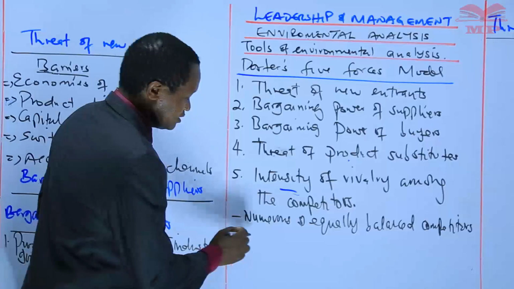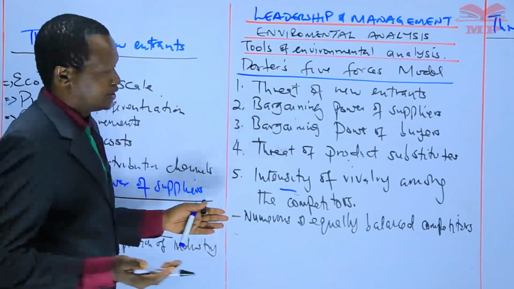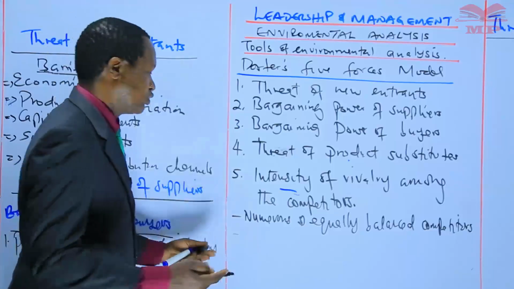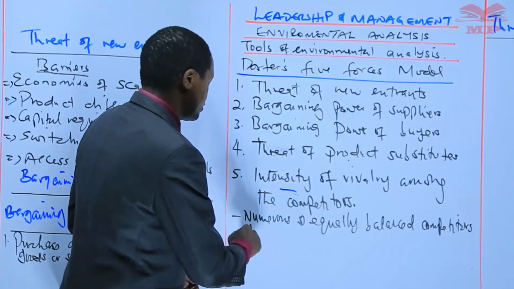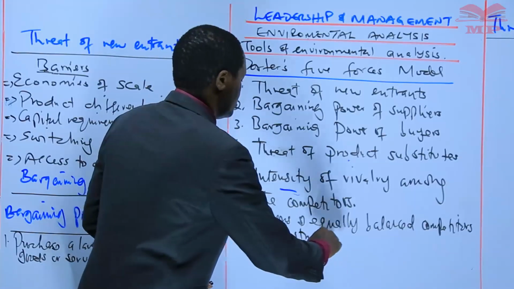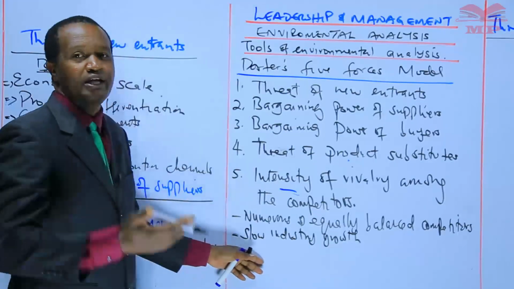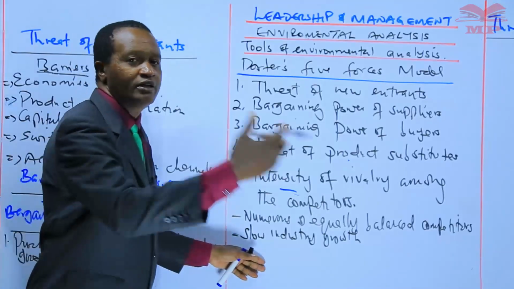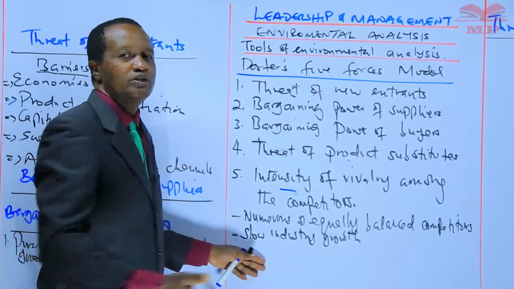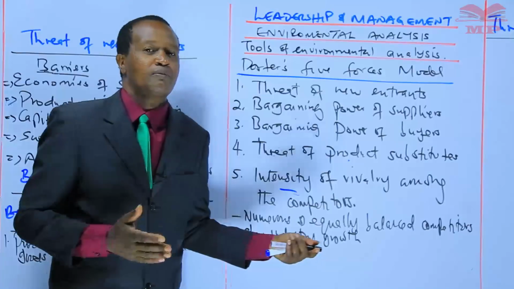The second point is when there is slow industry growth, where the industry is growing slowly. When a market is growing, firms try to effectively use resources to serve the expanding customer base.